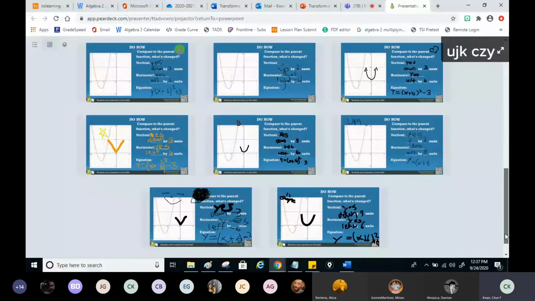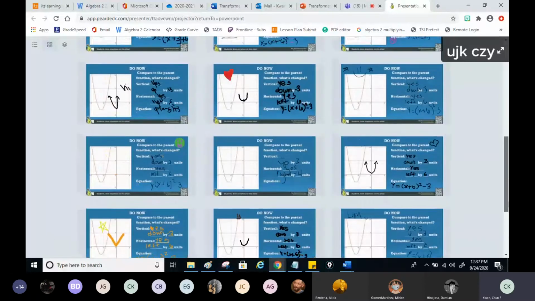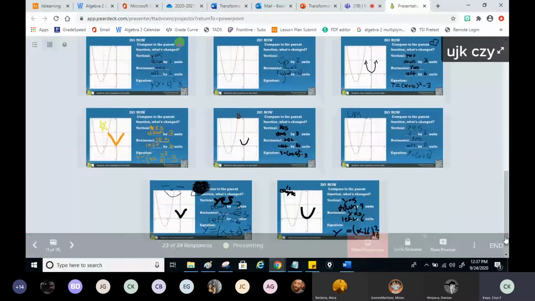And then black heart, you got it. Another yellow star, you got it. All right, most of you guys are getting it, so that's good. Well, you guys are either getting it or getting really close, but I do see some of you guys get the two mixed up.